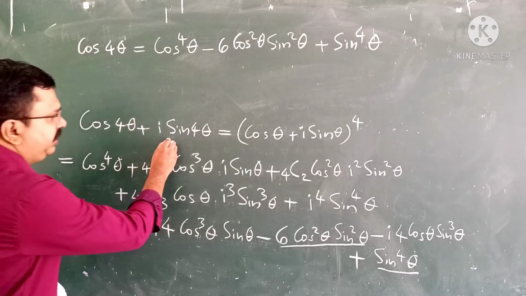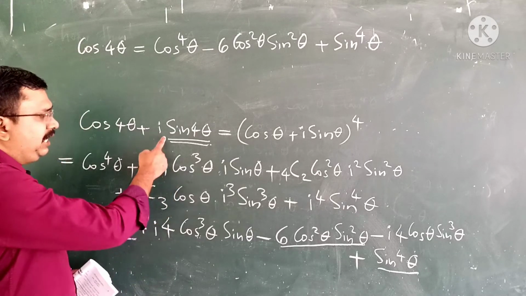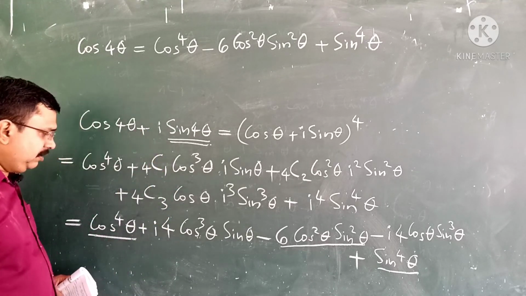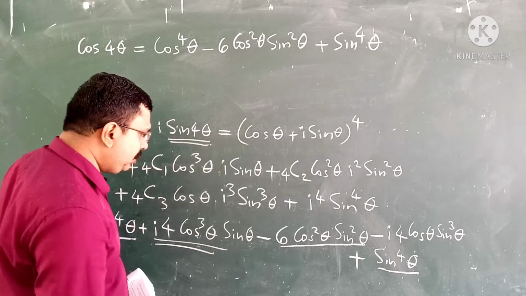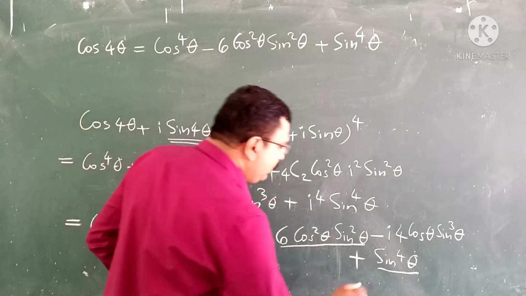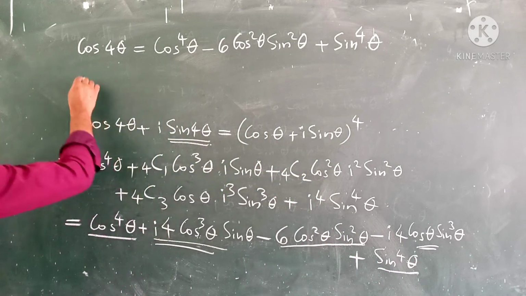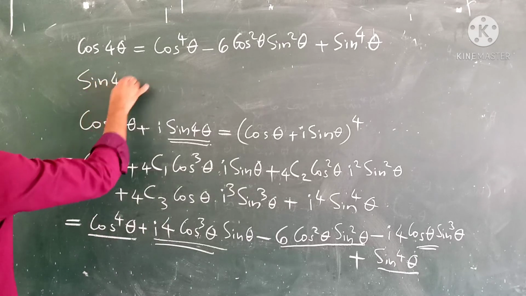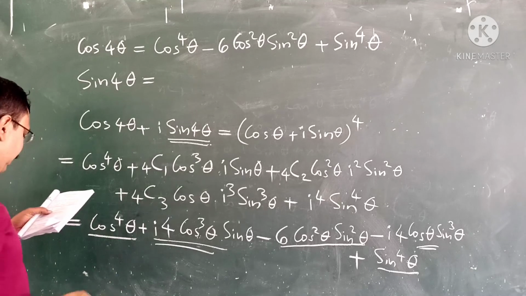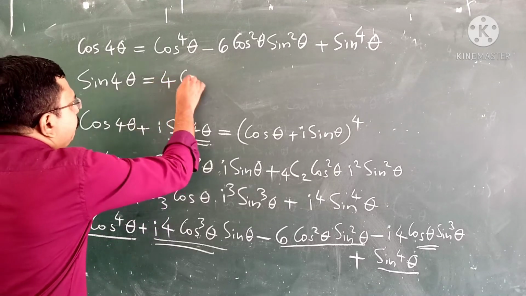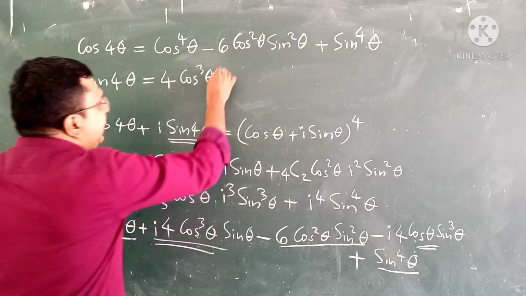Now we can equate the imaginary part. Imaginary part means the terms which contain i. Here imaginary parts are, one is here and another one is here. Therefore, sin 4 theta is equal to, equating the imaginary part, 4 cos cube theta into sin theta.